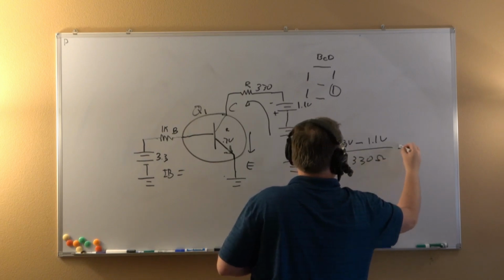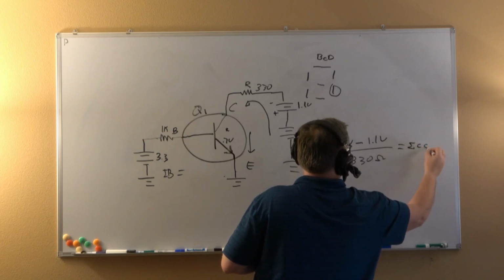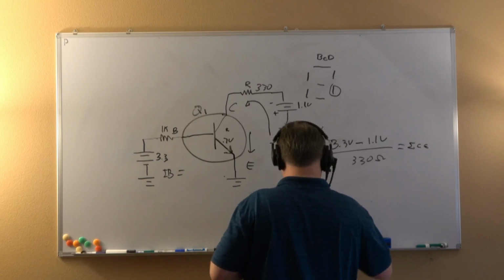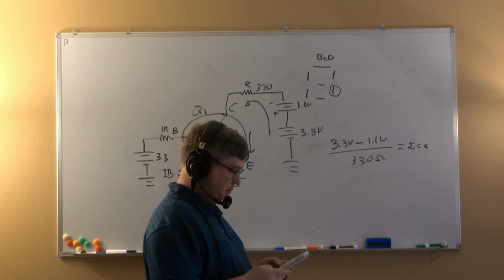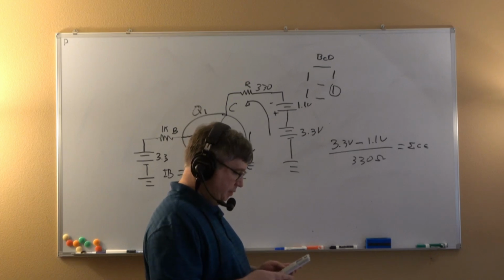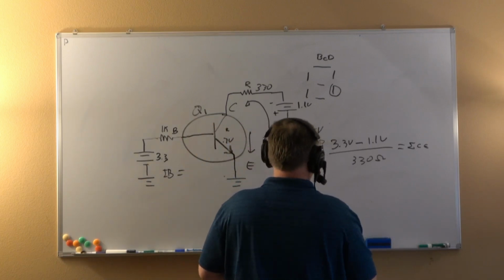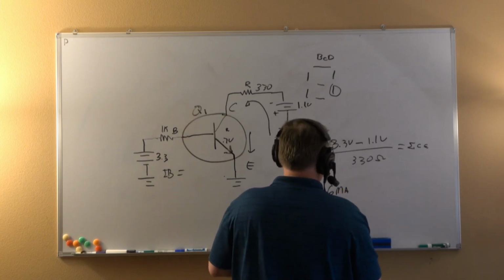And the I_CE is more like an approximation, and it's a very good approximation, by the way. 3.3 minus 1.1, over 330. So that's 6 milliamps. Okay, 6 milliamps.